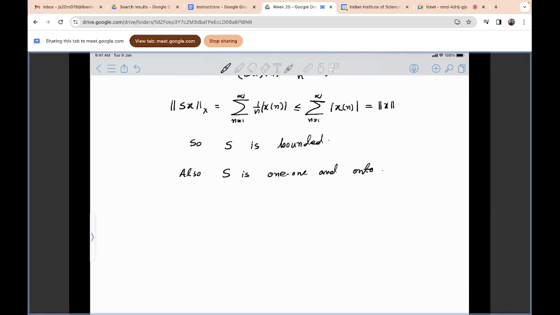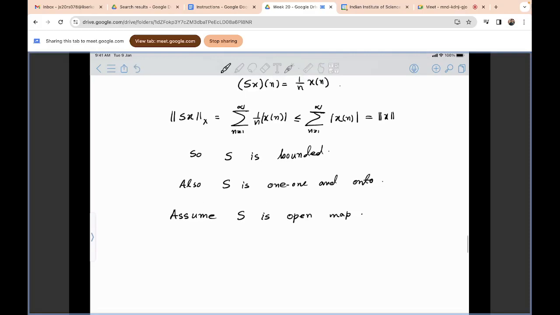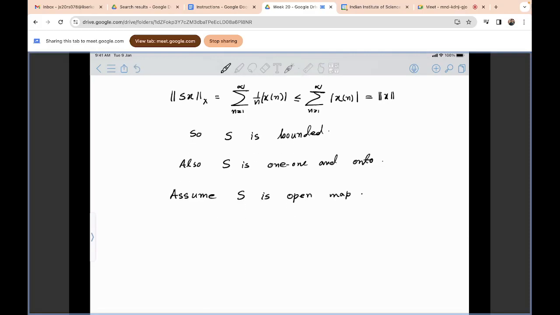Now let S be open. So assume S is open. Then what happens? As S is a linear operator, bounded means continuous. So this is a continuous map which is bijective and open.